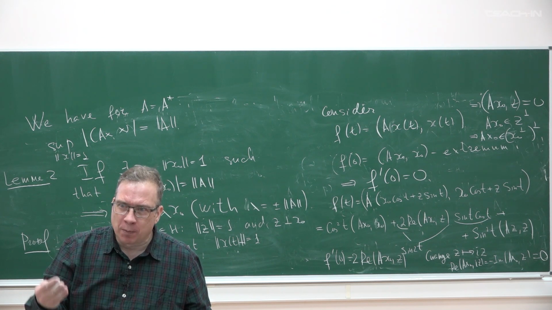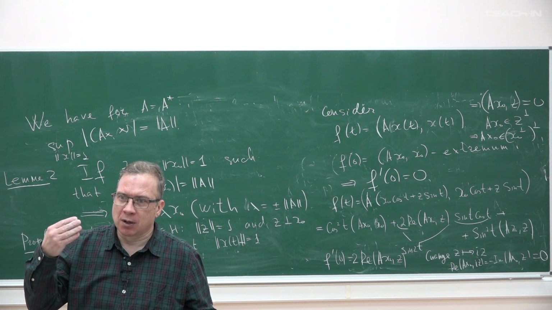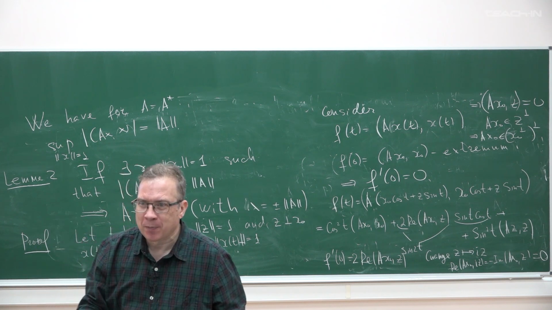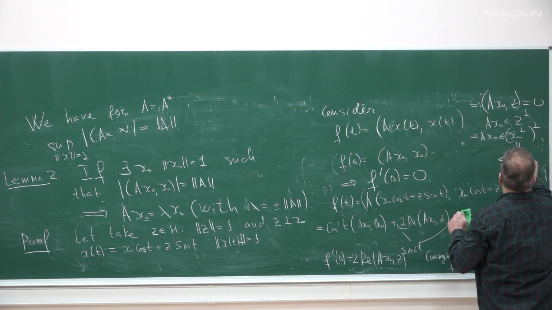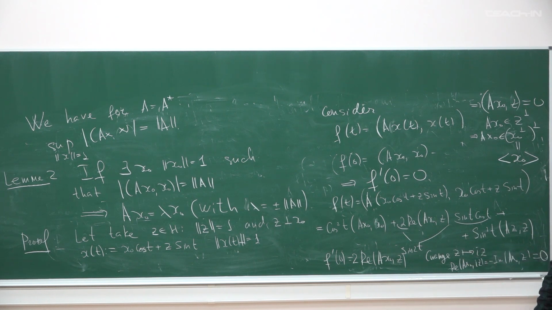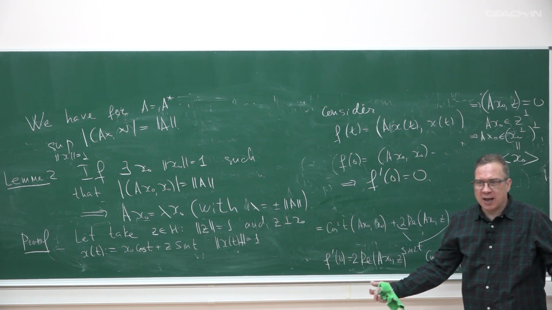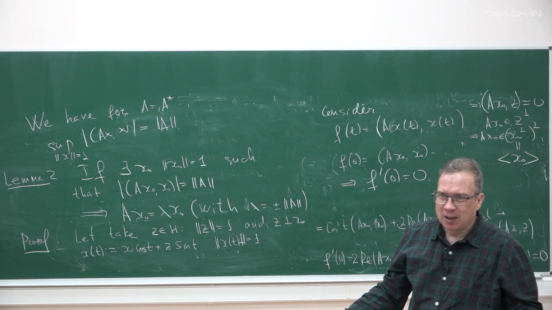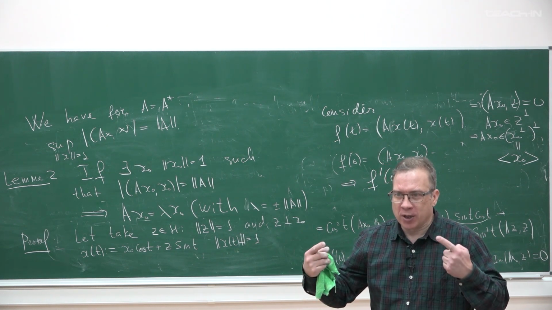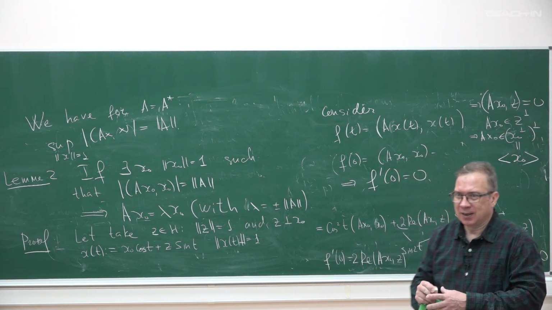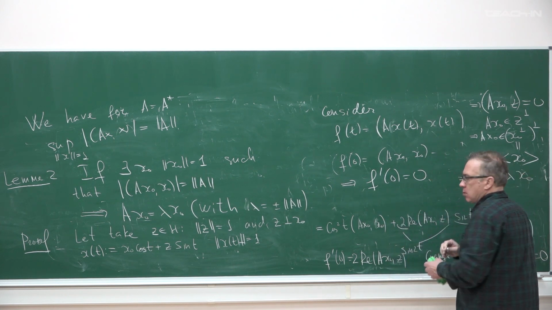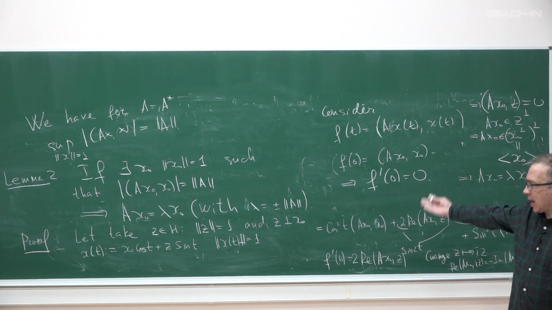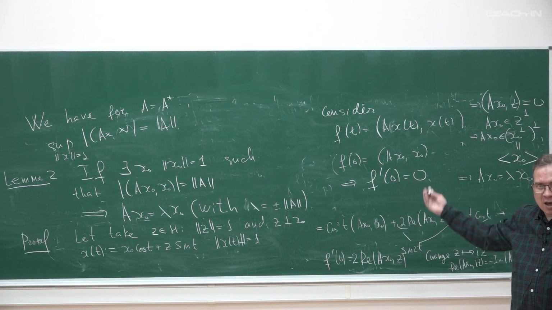But the orthogonal complement is always a linear subspace which is closed. So it is equal to the linear span of x0. And what does the linear span of x0 look like? It is x0 multiplied by an arbitrary number lambda. So A x0 equals lambda x0. So it is an eigenvector.